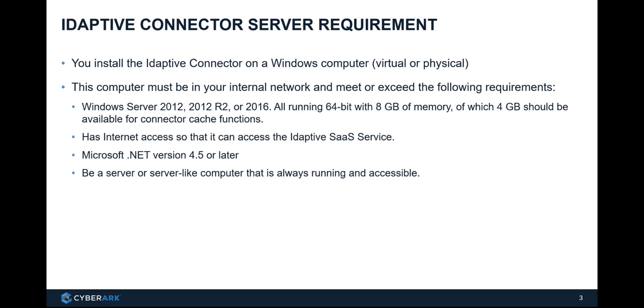It has to be able to connect to the internet to access our iDaptive SaaS services, and the server must have Microsoft .NET version 4.5 or later installed. The server should also be always running and accessible.